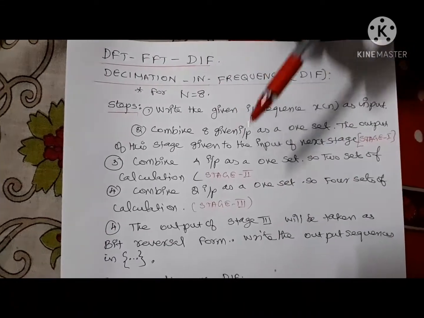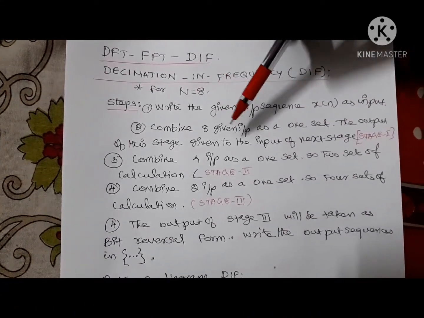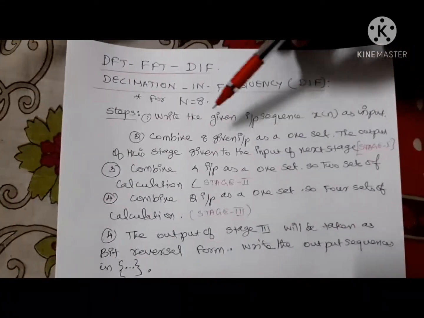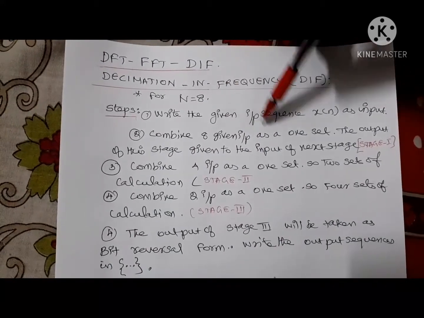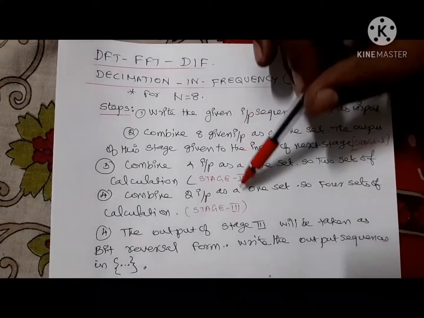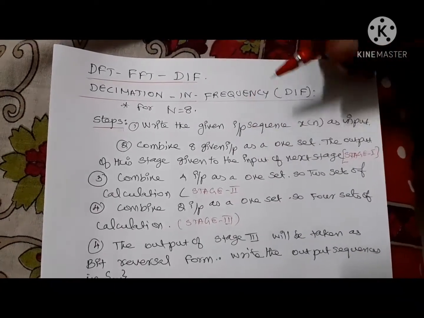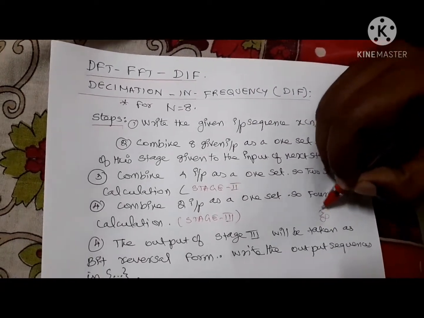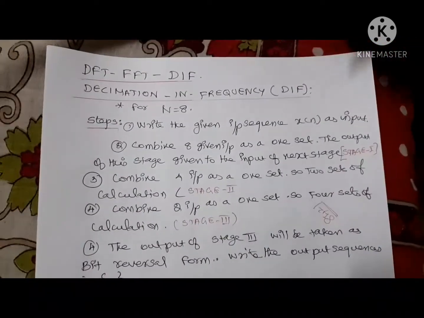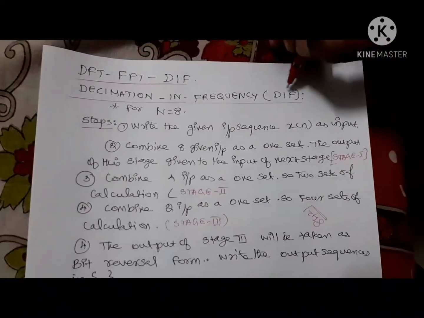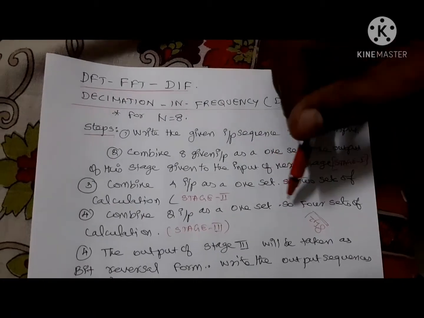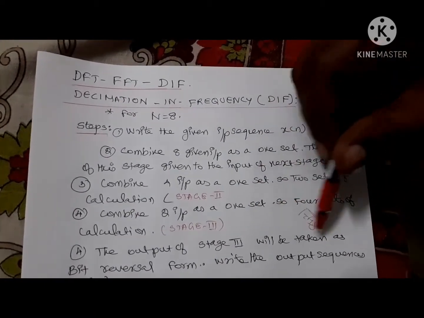But in DIT it is the reverse. First we do 1, 2, 4, 8, while here it is 8, 4, 2, 1, a single output. This is called the 8, 4, 2, 1 calculation in decimation in frequency. The output of the third stage will be taken.